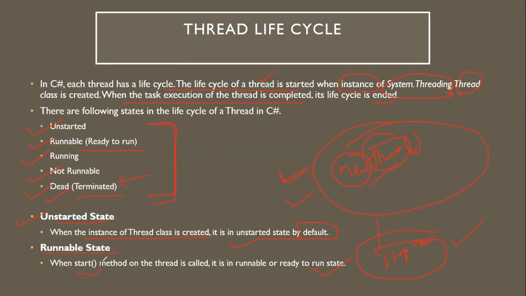When the start method is used on the thread, it is in a runnable or ready to run state. So if you want to run a thread, you have to use the start method. And when the thread is in ready to run state, we call it the runnable state. That's the second. The third is your running state. Let's go to the third one.